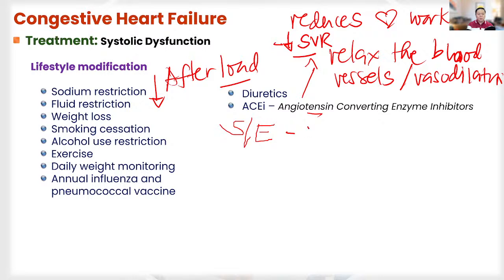Now, one of those side effects here is the dry cough. This is one of the side effects that will cause the patient to dislike taking the medication. They just don't want to experience the dry cough, which is very annoying. This can come out of nowhere while they are doing their daily activities. They probably would just have that cough attack all of a sudden.